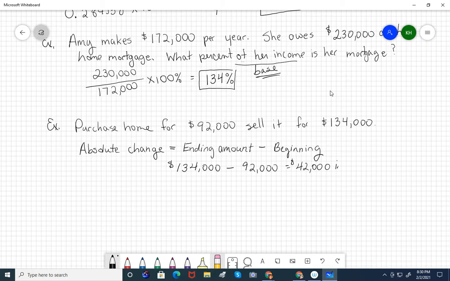And in particular, it's a $42,000 increase because it went up. Relative change says, well, how does that compare to the beginning value? A $42,000 change sometimes is a lot, and sometimes it's not a lot.